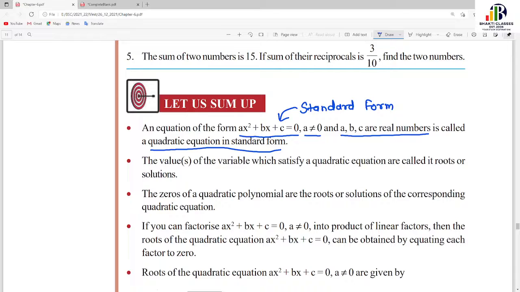If you can factorize ax square plus bx plus c is equal to 0, a does not equal to 0, into product of linear factors, then roots of the quadratic equation ax square plus bx plus c can be obtained by equating each factor to 0.